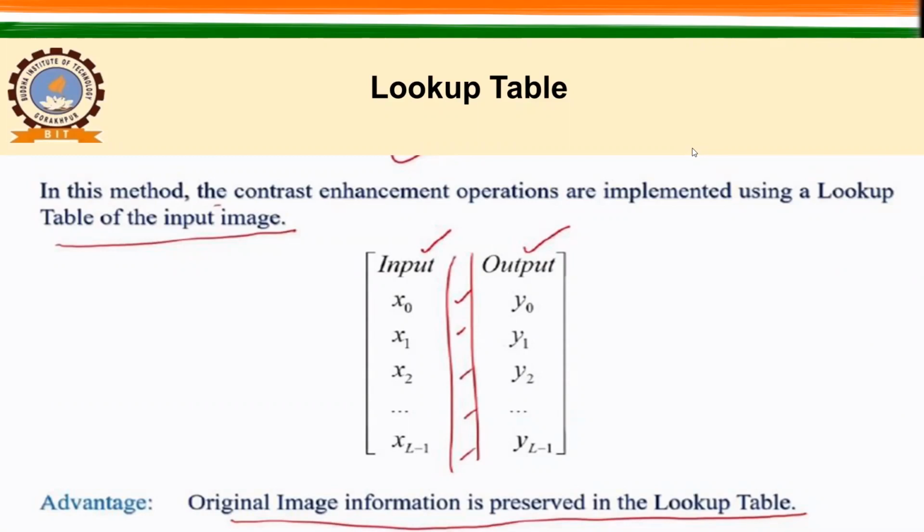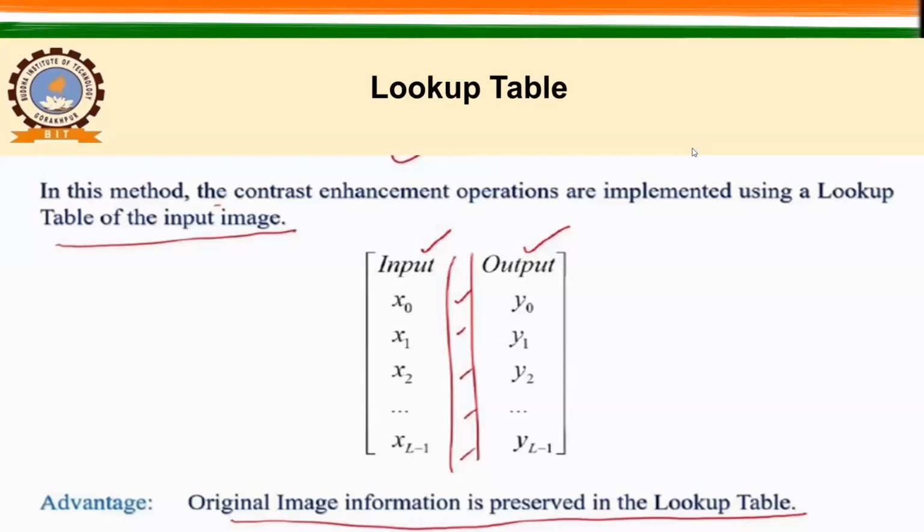So what we do in this lookup table is generate a matrix, a lookup table, and whatever calculation you are doing, you do it in the lookup table. Then you will have the original as well as the output; both will be saved here. So at any point of time, if you want to go back to your original image, it is always possible.